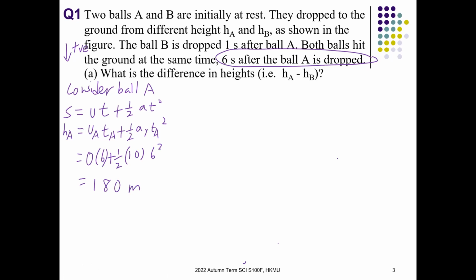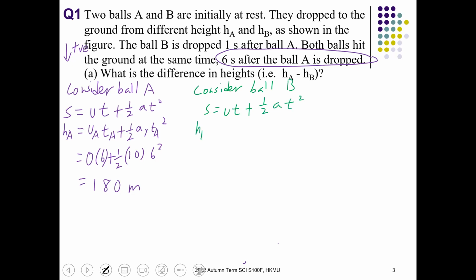For ball B, we apply a similar formula because we are interested in the height, which is the displacement of ball B. Again, we follow the same equation, and now we just specify the symbols for ball B. Again, ball B is initially at rest.